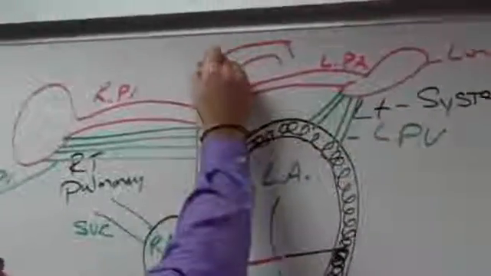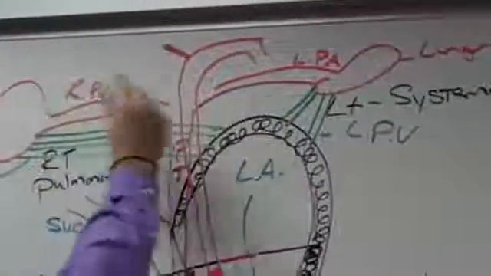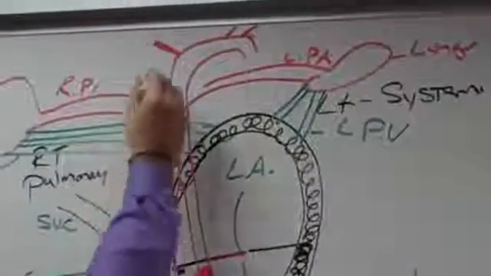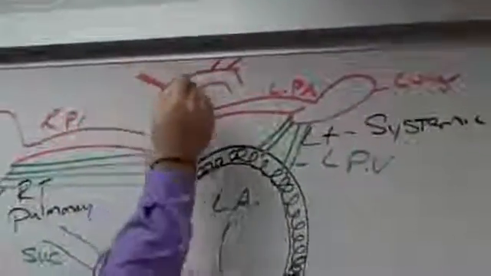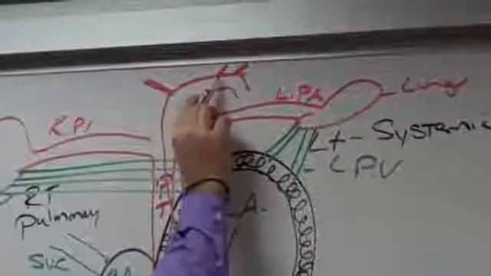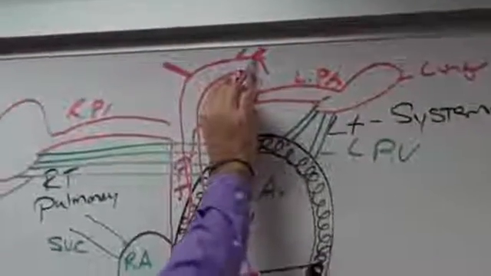And off the arch of the aorta, we have 3 blood vessels. I'm going to make one obviously going to the right side, and we'll make 2 going more to the left. The one that goes to the right is the brachiocephalic, and the 2 to the left are the left common carotid and the left subclavian artery.